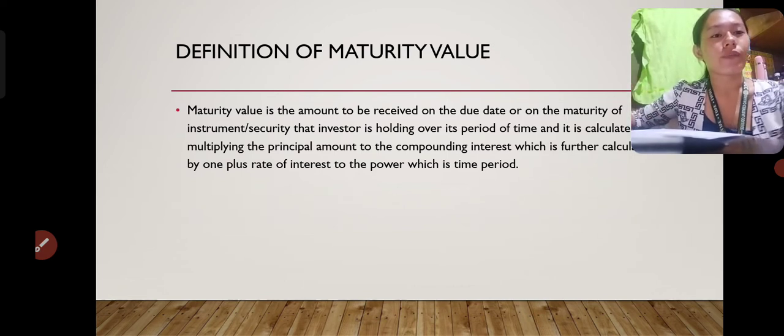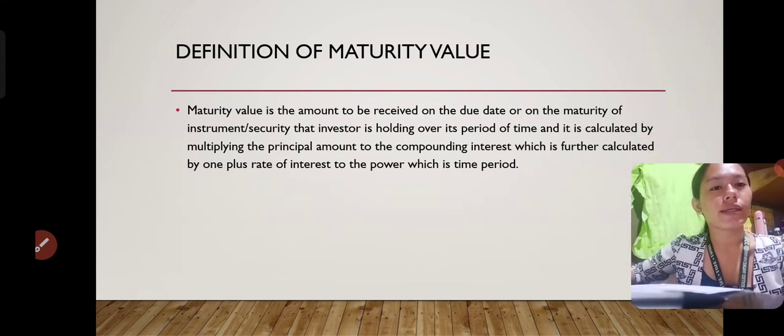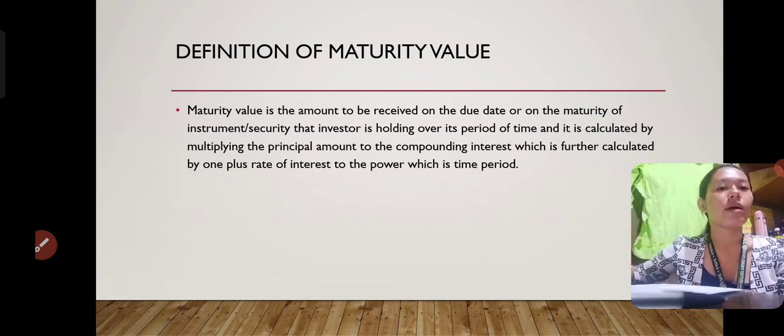The maturity value is the amount to be received on the due date, or the maturity of the instrument or the security that the investor is holding over its period of time.